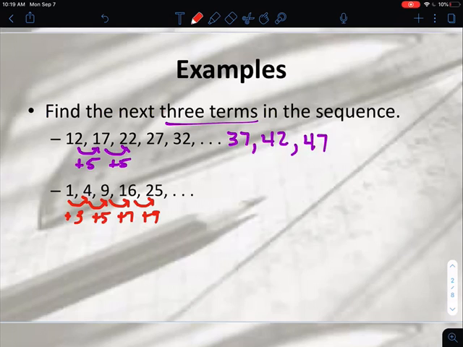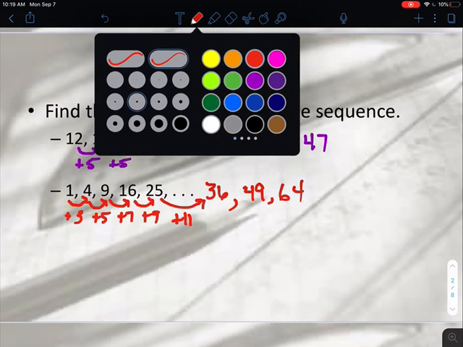So 3, then 5, then 7, then 9. If I continue that pattern, my next term should add 11, and so I get 36. And then I should add 13, so I get 49. And then I add 15, which would give me 64. So that's one possible way to get the next 3 terms.